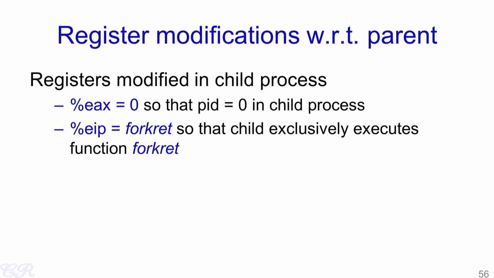Another thing which is changed in the child process is the EIP, or the instruction pointer. The instruction pointer is set to forkret, which is a function that is exclusively executed by the child process and not by the parent. forkret is a function in the xv6 code, as you can see.